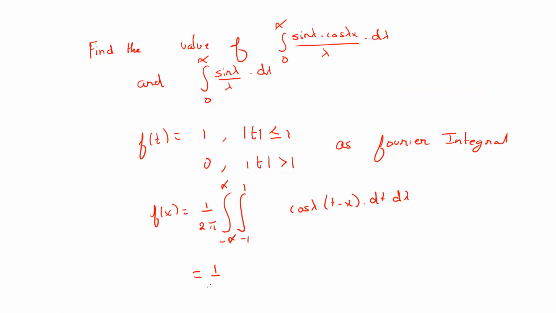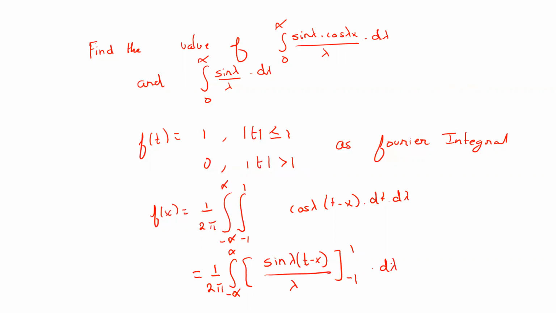The outside integral will remain, and when you integrate cos lambda t minus x, the integration becomes sine lambda t minus x divided by the differentiation of lambda t minus x with respect to t, which will just be lambda. That will be upper limit minus lower limit, 1 minus minus 1, d lambda.